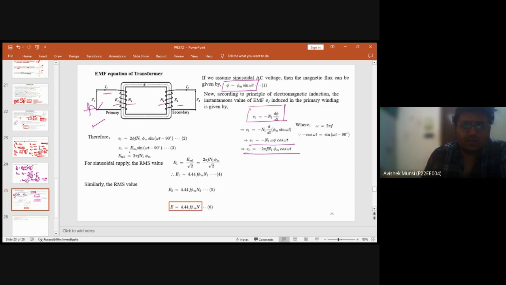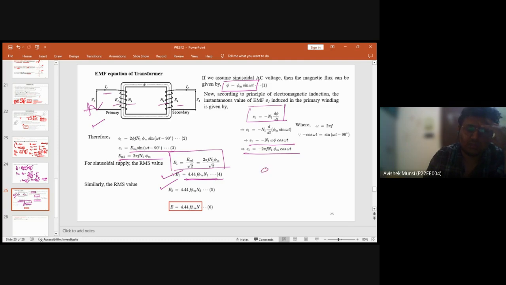So if you take the maximum value of it, then it will be Em1 sine (omega t minus 90), where Em1 is 2 pi f N1 phi m. So the RMS value will be the maximum by root 2. So finally we are getting 4.44 f phi m N1 as our primary side RMS EMF, and for the secondary side it will be similar: 4.44 into frequency into phi m into N2.